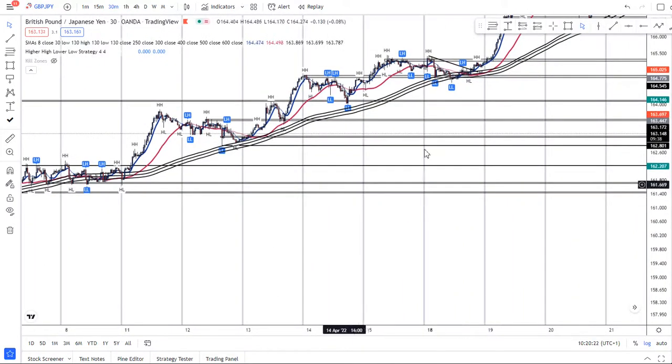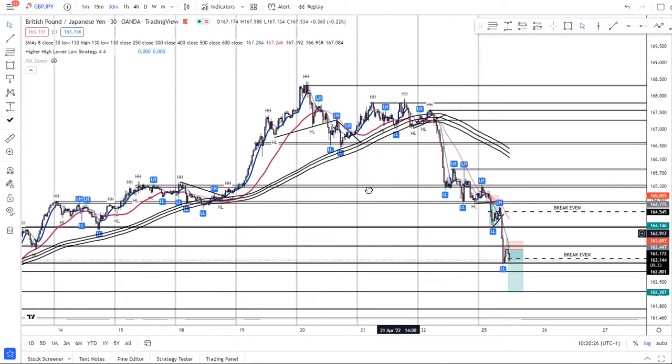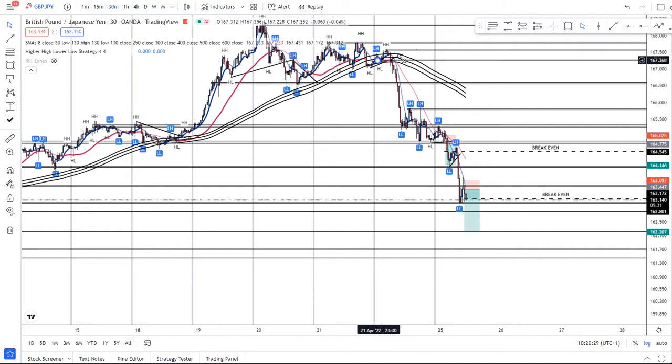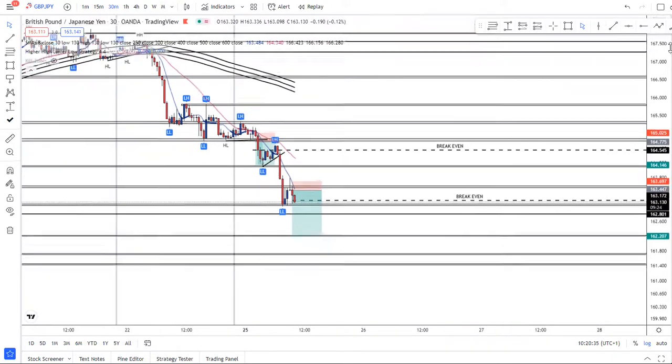I don't usually put that many 1 hour levels on the chart, to be honest, but I got excited. So currently in the downtrend, we broke the 130s.